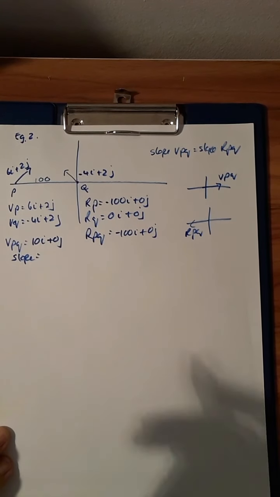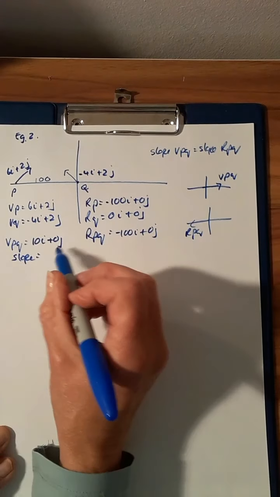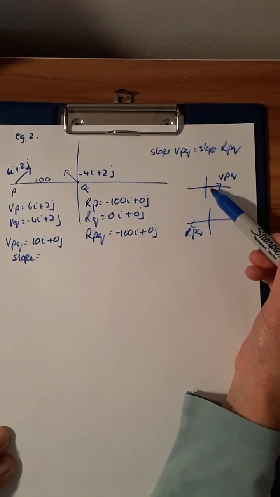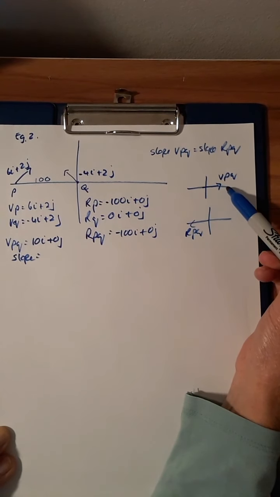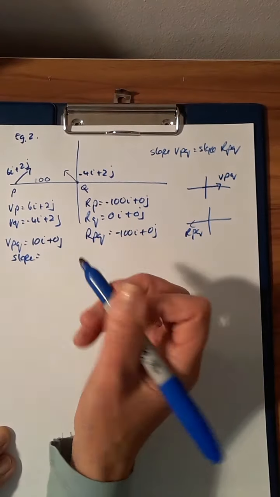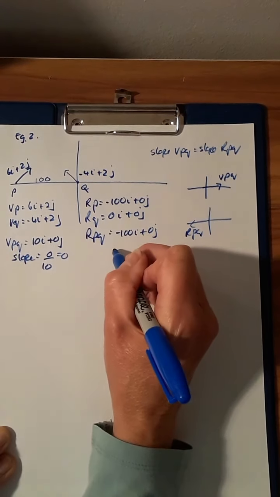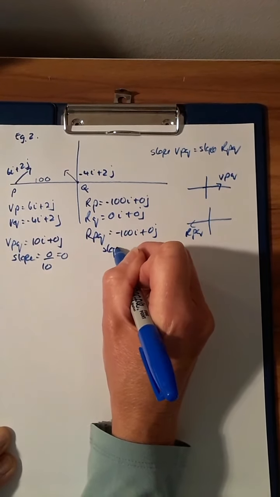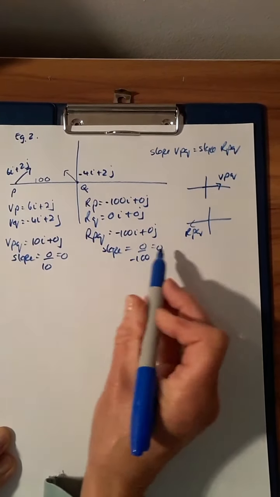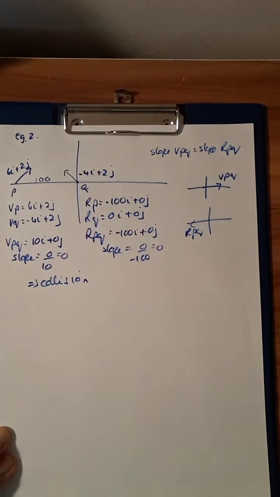But just to prove it anyway, the slope will be the j's over the i's, because it is the tan of the angle that it makes with the i-axis, which is 0 here. So the tan of 0 will be 0, which is 0 over 10. And the slope of RPQ is also 0 over minus 100, which is 0. So they've got the same slopes, therefore there is a collision. So we've shown there is a collision.